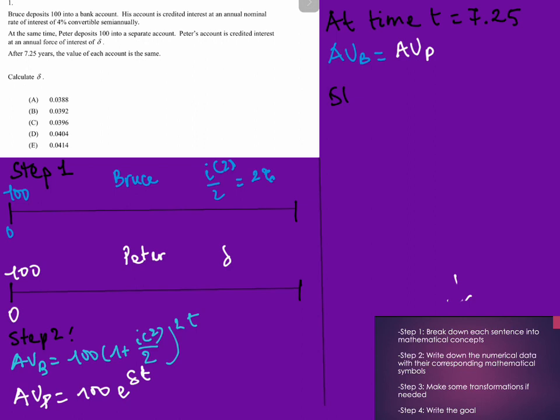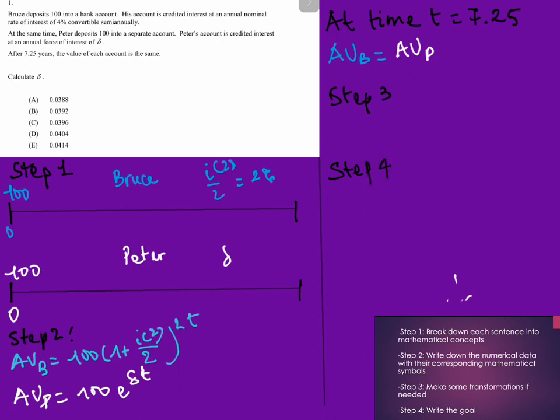So we move on to step 3. Step 3 tells us that we make some transformations if needed. But in this case, it's a very simple exercise, so we don't need to make any transformation or convert any value here. So we move on to step 4, and step 4 is to write the goal. What is the goal?